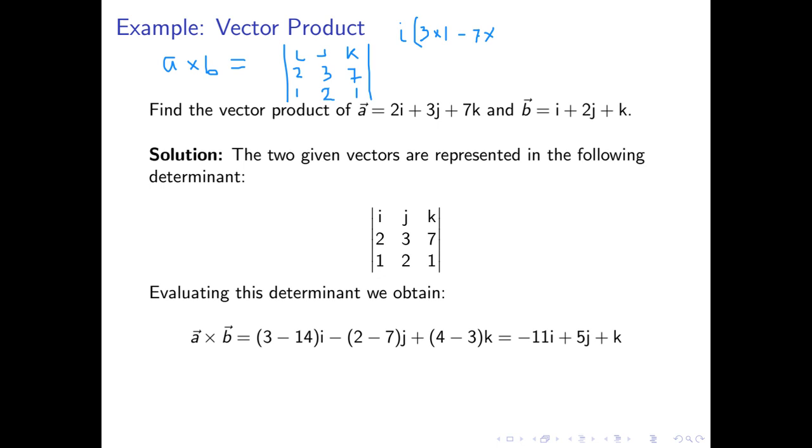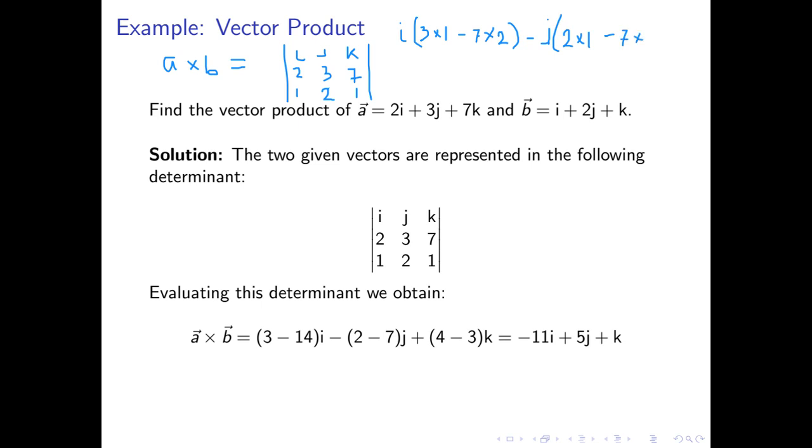So that is it for i. Then we go on. Remember, it's plus, minus. So it's minus j. Then we close the column for j. It is 2 times 1 minus 7 times 1, right?